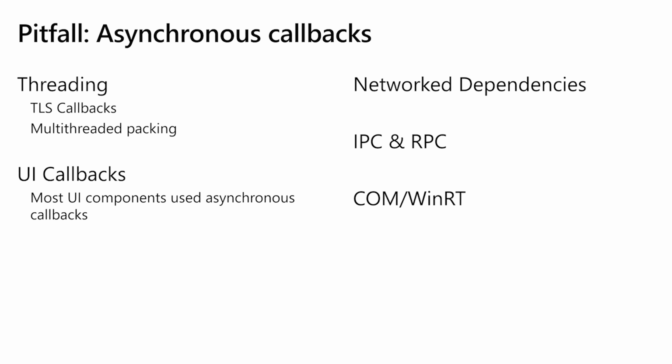Same with these, well, not same, but IPC and RPC or COM and WinRT. So what are these? These are inter-process communication. So if it's calling functions that exist in either COM or RPC, you're not going to be able to see that if you're only following the one process.